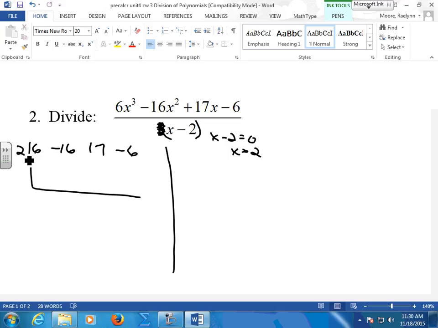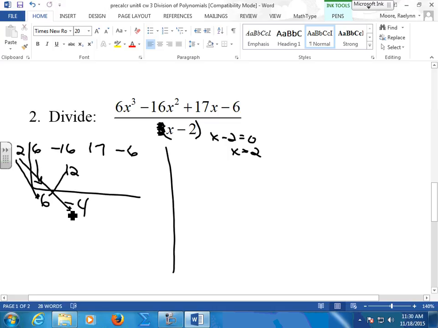So now, we have no place to start, so we bring down the first guy, 6. Okay, we multiply from the left to the right. What is 2 times 6? 12. I put it here. I add down, negative 4. I multiply from the left to the right.